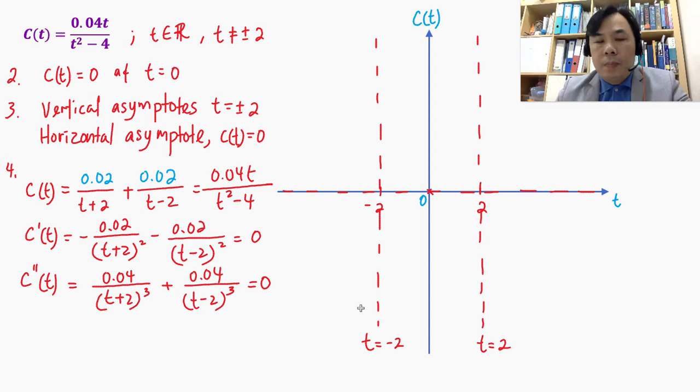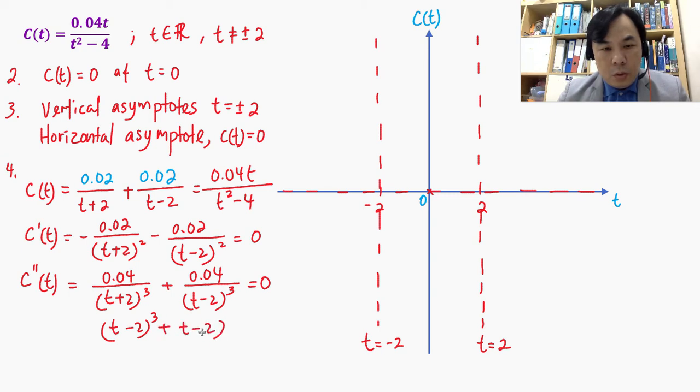So from here itself, I would be able to get (t minus 2) cubed plus (t plus 2) cubed equal to 0.